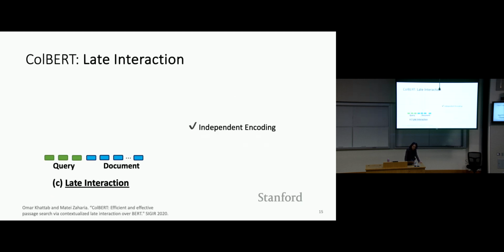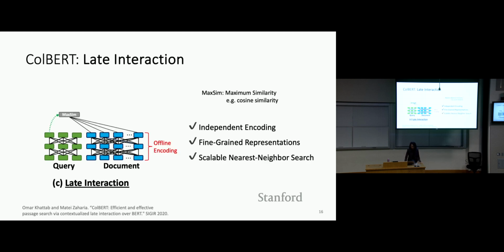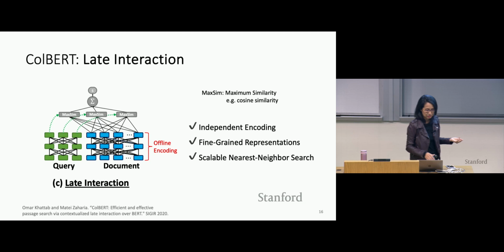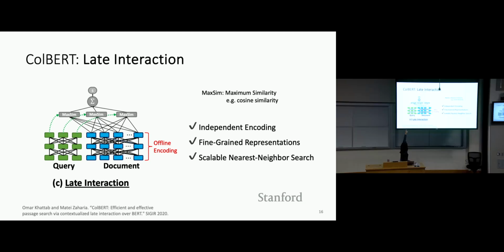So what ColBERT suggested is that we're going to do late interactions. That means that when we calculate the embedding, they are separated. But at the same time, we then add a late interaction connection above that. This late interaction allows you to take each vector from the query and compare it.